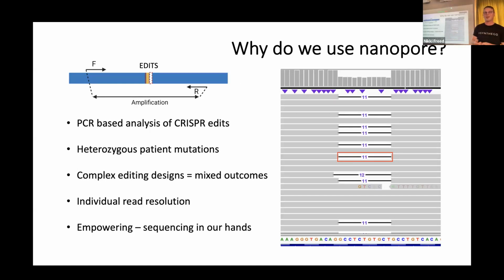And this is made even more complicated with our editing designs, where we may target a single allele, or we may use nickase to target both alleles. So for us, we really need individual read resolution to get some clarity on what edits we're actually inducing at these sites. And the reason we use Nanopore, or one of the main reasons we initially got into Nanopore and we use it over Illumina sequencing, which is standard in the field, is because we can do our edits and within the week get our sequencing data back. So it's all in our hands, and it's also much cheaper for our application.